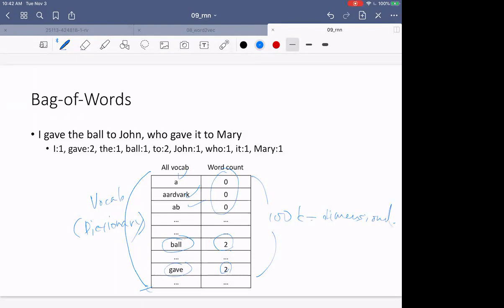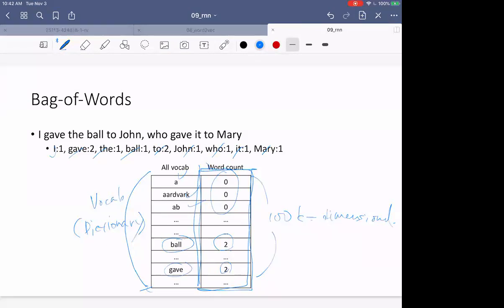Except for 9 entries, the remaining entries will be all zeros. So it'll be a super sparse count vector. So that is one way to represent your sentence.